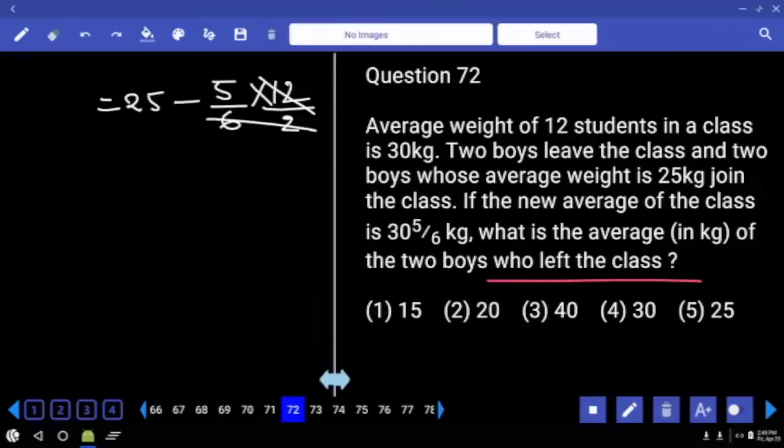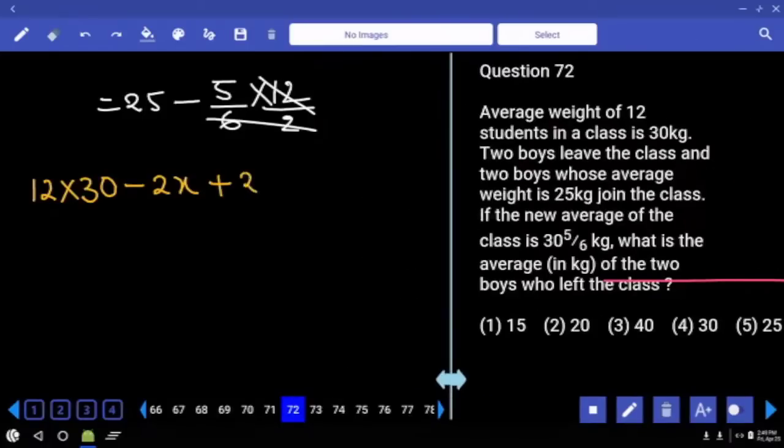Are you okay? If you want to do it traditionally, there are 12 people, their initial average is 30, their sum is 12 into 30. 2 people are going out and we want to calculate their average, we don't know. Let their average be x, then their sum is 2x. They are going out, so minus. And now there are 2 people joining whose average is 25, their sum is 2 into 25.